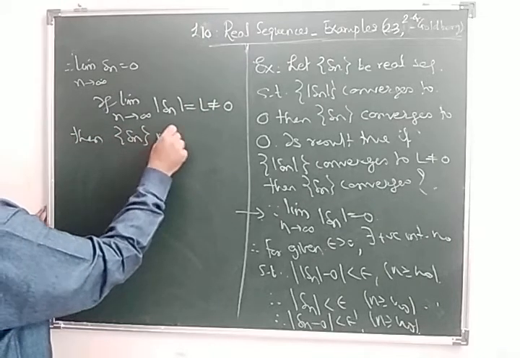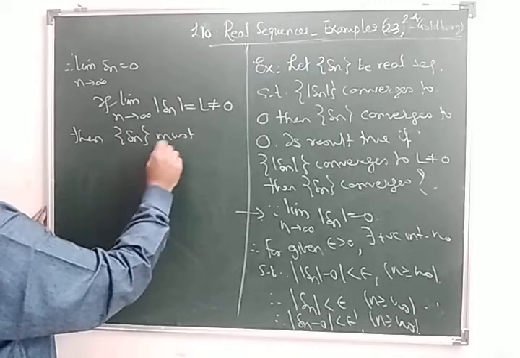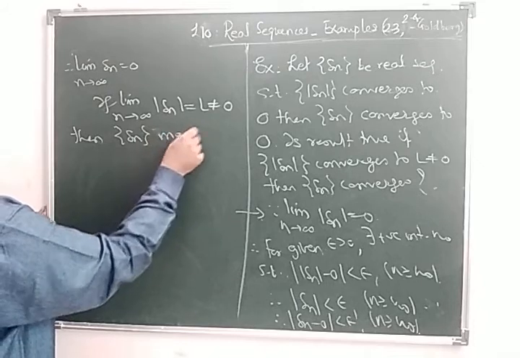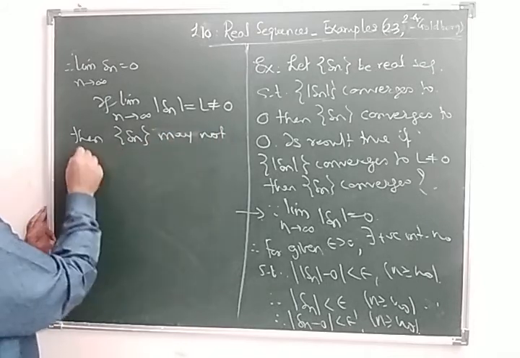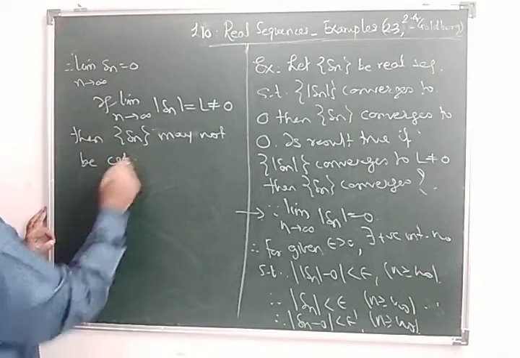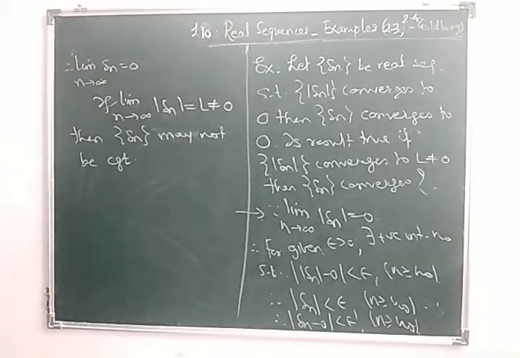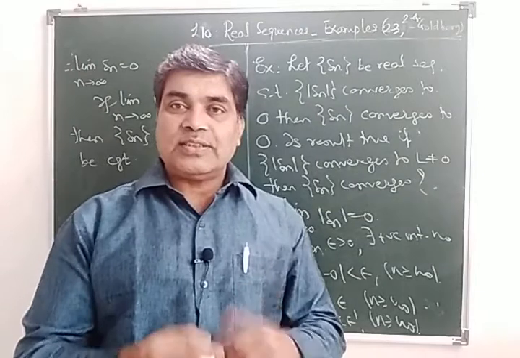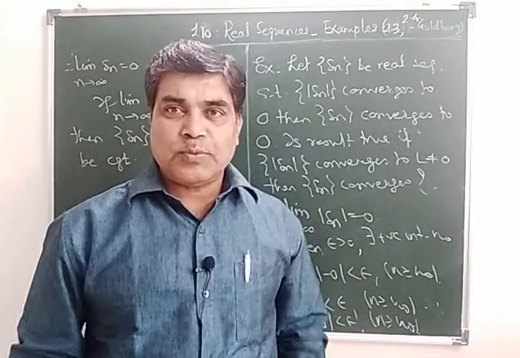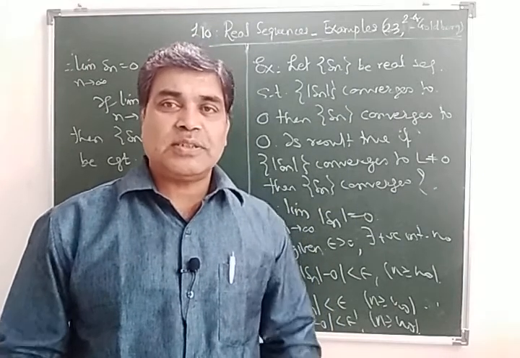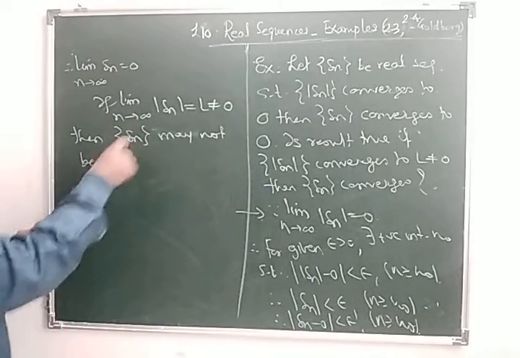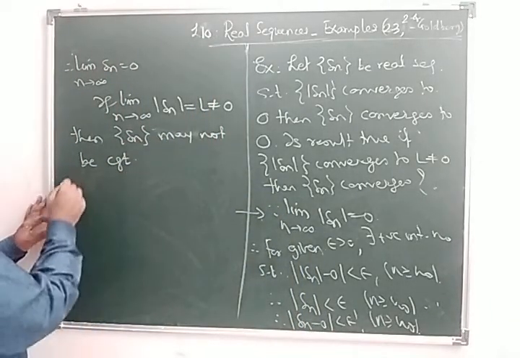Okay. The result is true if I have a sequence whose all terms are positive, then mod Sn is the same as Sn. There is no change. And that's why we have to take some positive and negative terms. Justification.